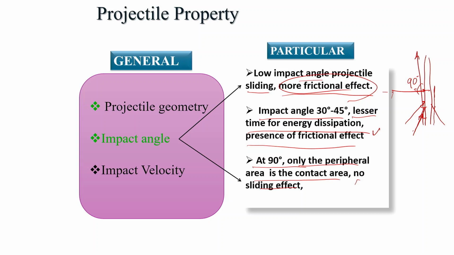But when there is a 90 degree impact, suppose this is our material to be tested and the bullet is hitting at 90 degree, only the peripheral area will be in contact, there will be no sliding effect.